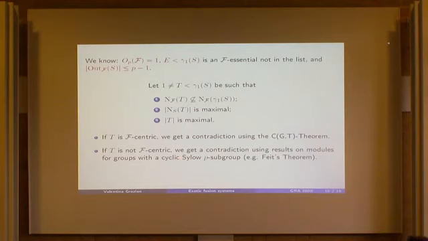In particular, we use Feit's theorem, just one example of the results we used, and we can get rid of this case. So T does not exist, so E does not exist, so the essentials are the ones in our list. And this concludes the proof, and it also concludes my talk. Thank you very much.